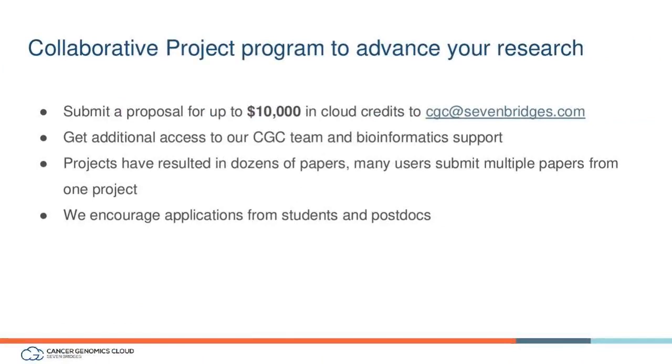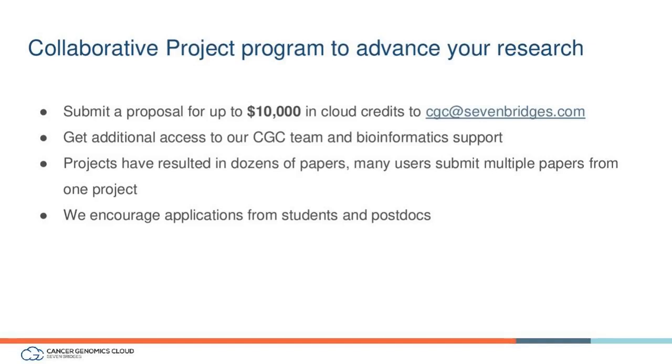So Dave introduced that we'll be getting $300 worth of cloud credits. So that's a good amount of money to process a bunch of whole exome sequences and also maybe do some RNA-seq and differential expression analysis to get a feel of the platform.